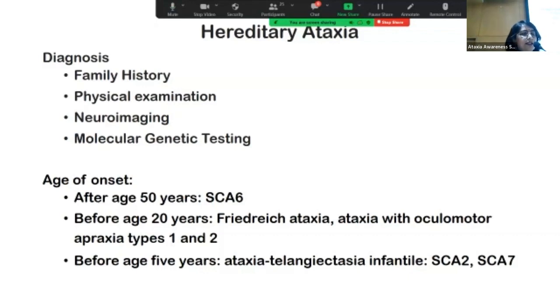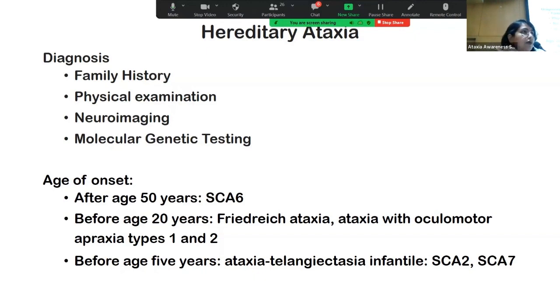So age of onset: sometimes after the age of 50 it shows, which can still be hereditary. Don't think that hereditary means as soon as the baby is born, they are showing symptoms. These are called late onset disorders. Before the age of 20, Friedreich ataxia is there, or ataxia with oculomotor apraxia type 1 and type 2.